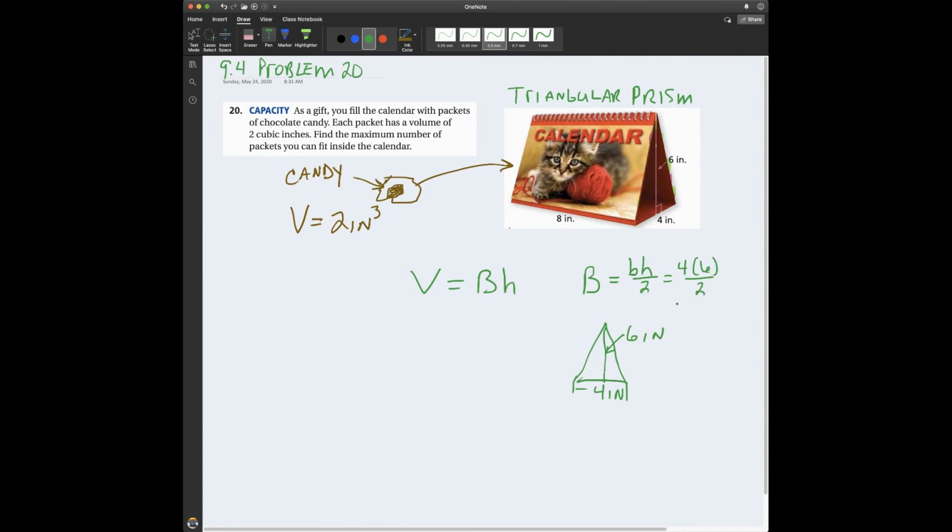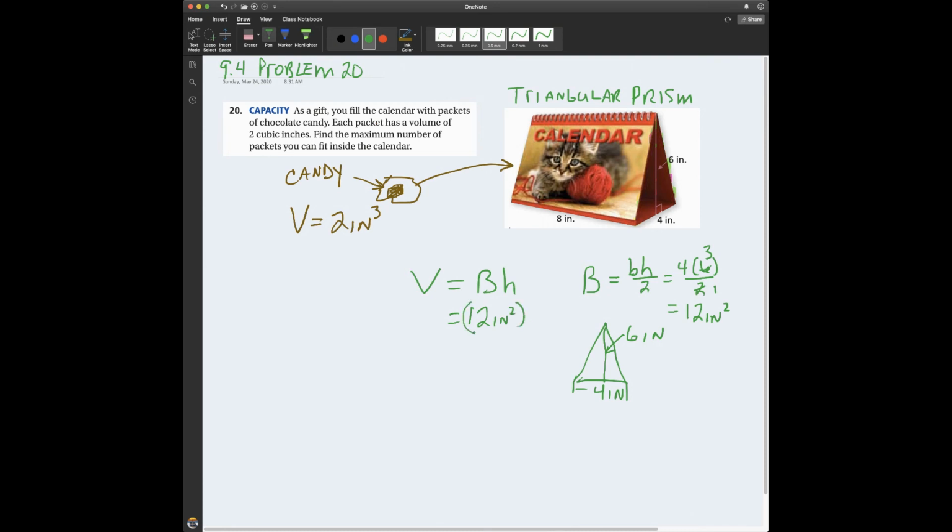I can cancel, 4 times 3 is 12 inches squared. Okay, so that is the area of the base.